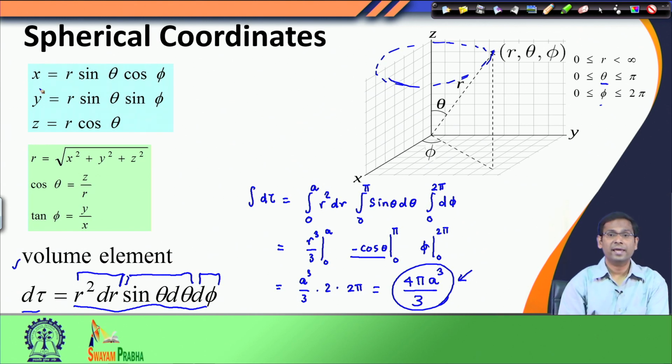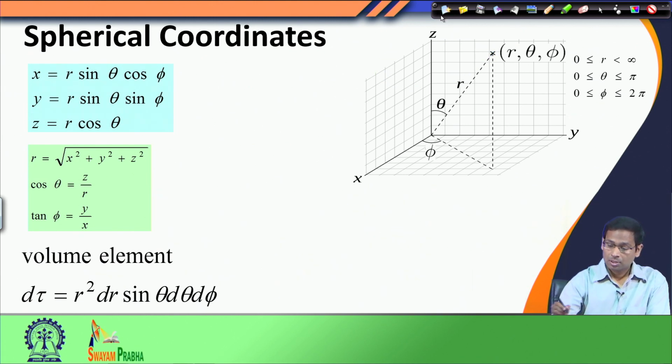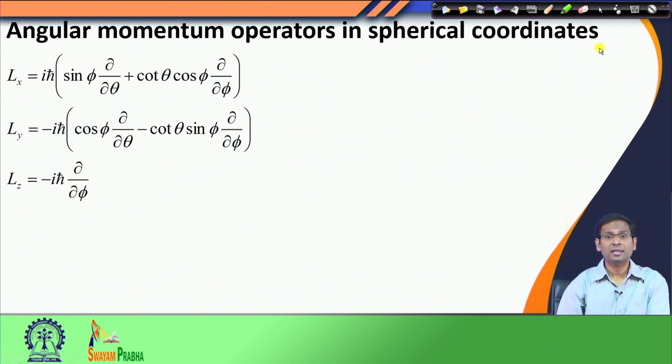Now, we have defined spherical coordinate rules to convert from spherical coordinate system to Cartesian system and vice versa. In the previous lectures, we obtained the expression for the angular momentum operators Lx, Ly, Lz in Cartesian system.